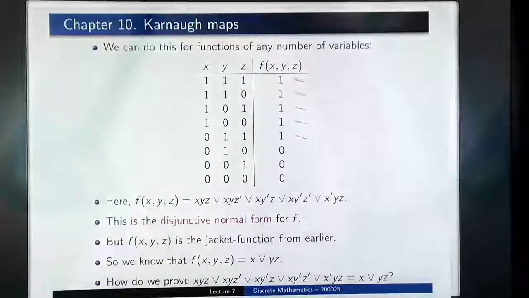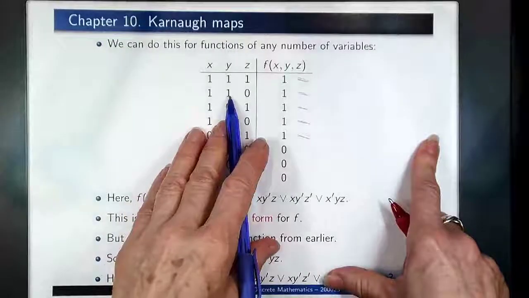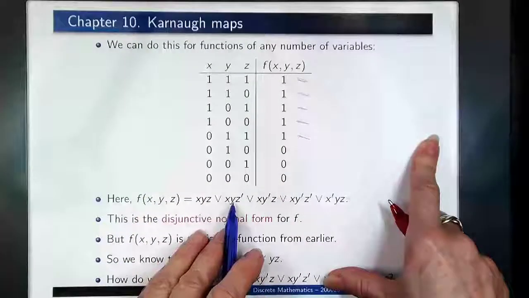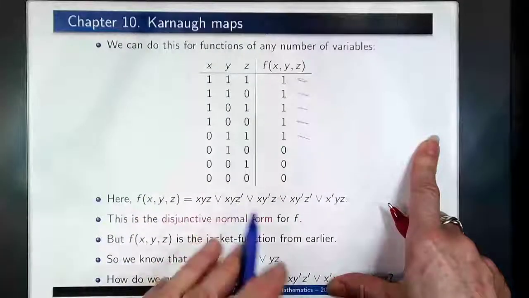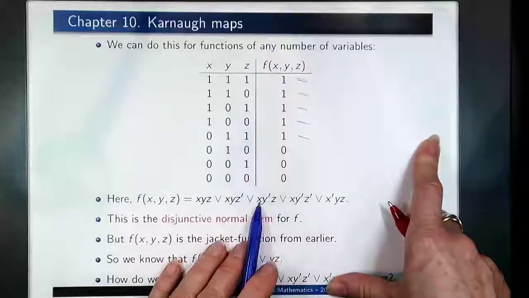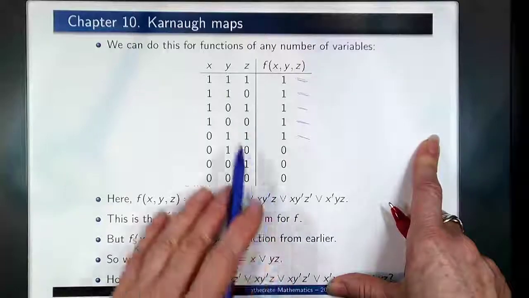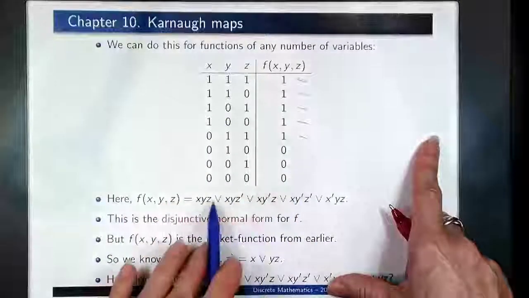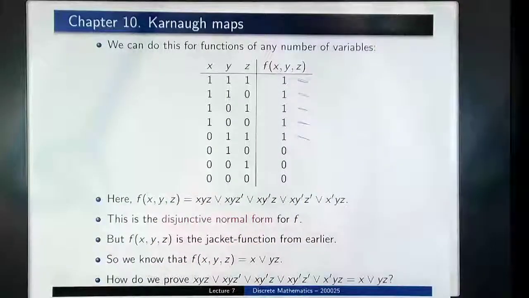Or we could have x and y and not z, x and y and not z. Or x, not y, z, x, y dash z. And so because of the 5 ones, we get 5 terms here. That's a Boolean expression. It's not the nicest, but it is a Boolean expression for the function. It's the disjunctive normal form.